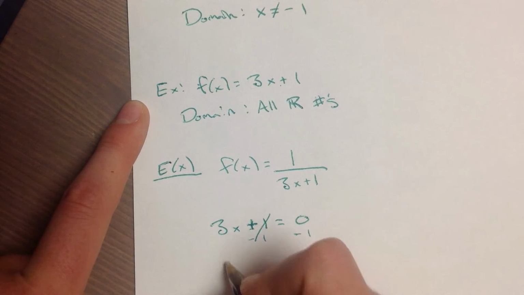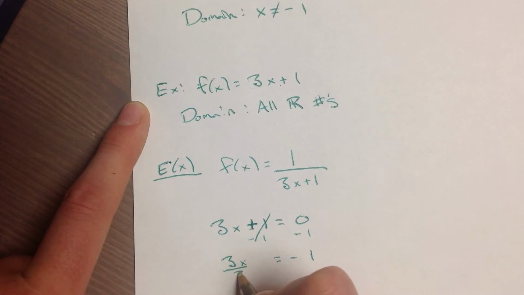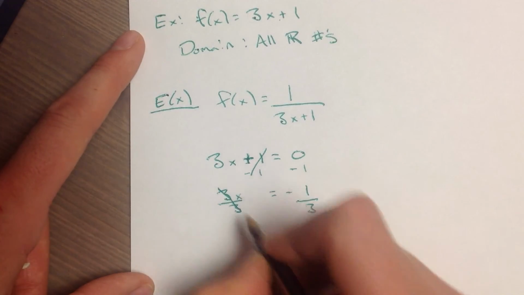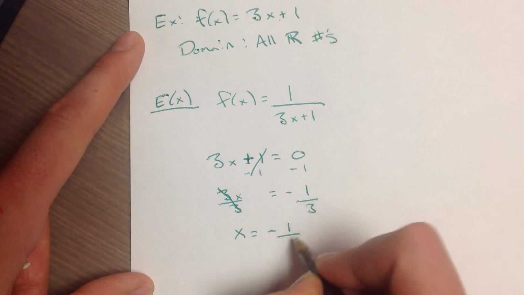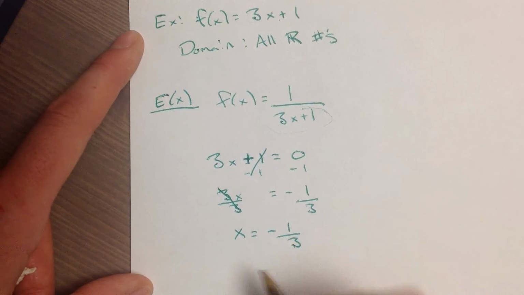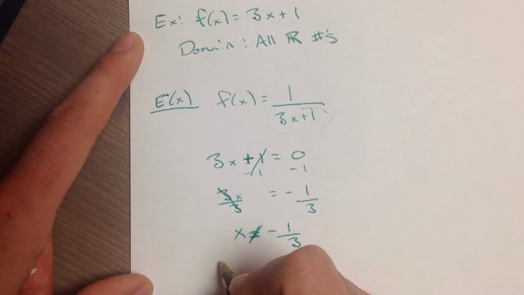Subtracting 1 from both sides, 3x equals -1, divide by 3, and a value of -1/3 makes this denominator become 0. Therefore, we cannot equal -1/3.